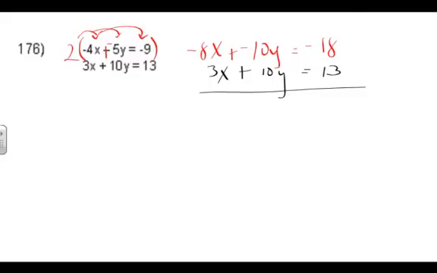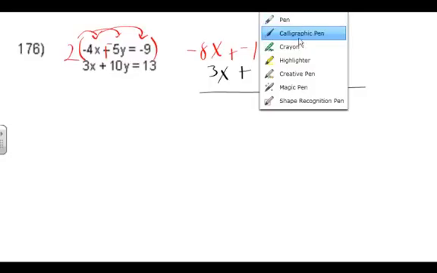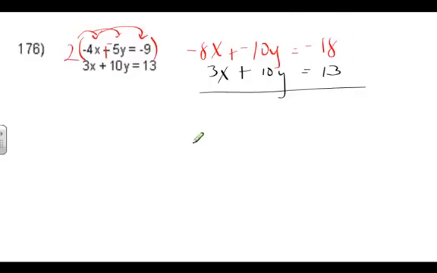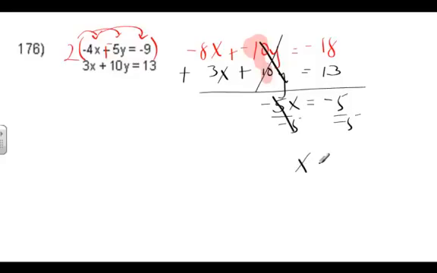Okay, what do I do here? Add, or add and switch the signs? You stop. Just add because those are already opposites. It's easy. Good. So that's negative 5, they would cancel. Use your highlighter too. You always know it cancels. And that would be negative 5x, so divide by negative 5, and x equals 1.